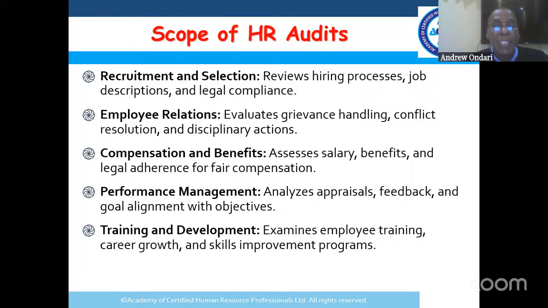The fifth area that is audited is training and development. This area examines the policies, the processes, and the practices that promote training and development, which means skills acquisition.